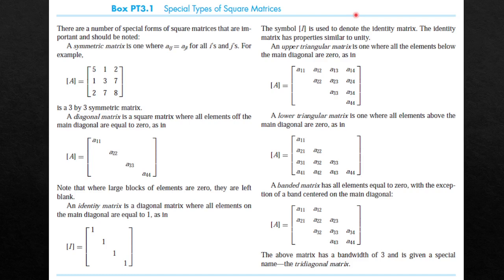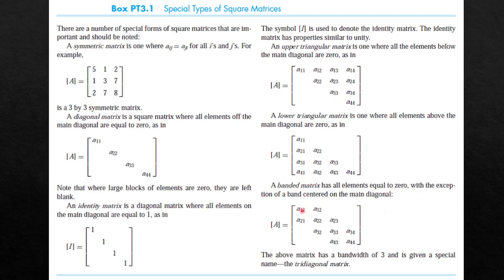If you can see in this slide, the blank spaces are equal to zeros, while the others have a value. Opposite to it is called the lower triangular matrix, where all elements above the main diagonal are zero and the others have values.